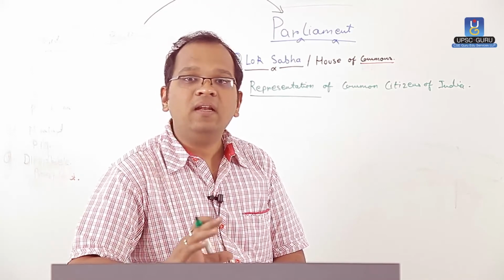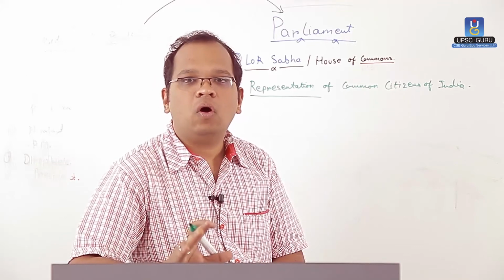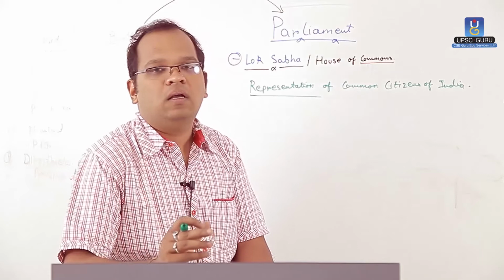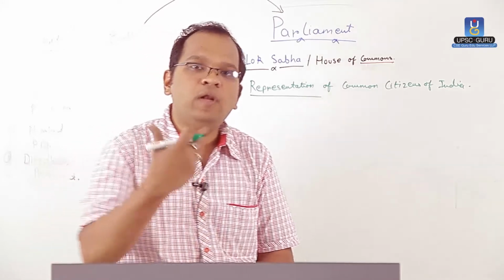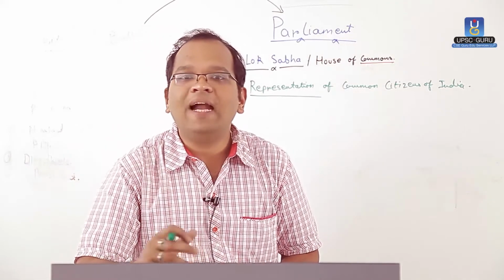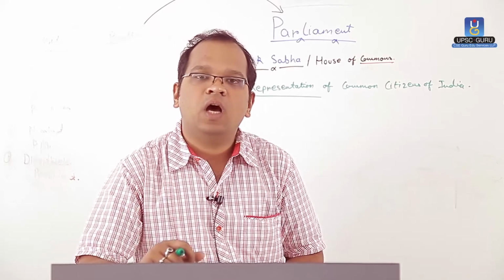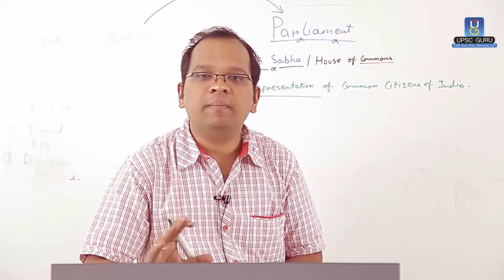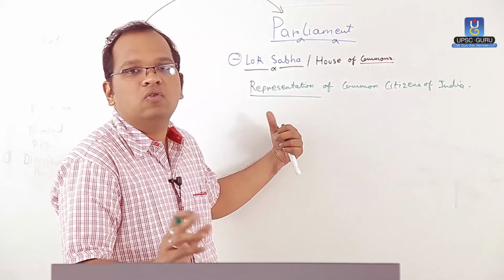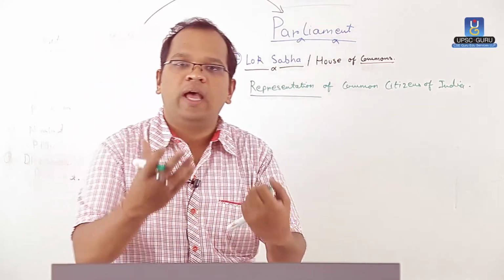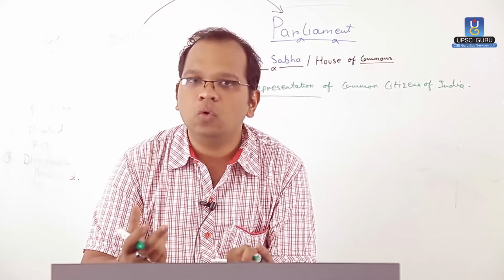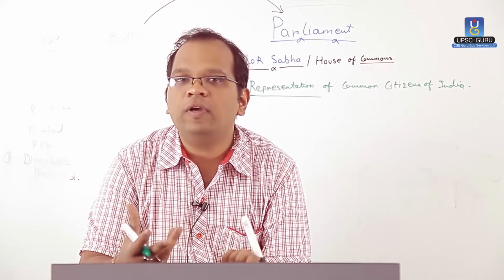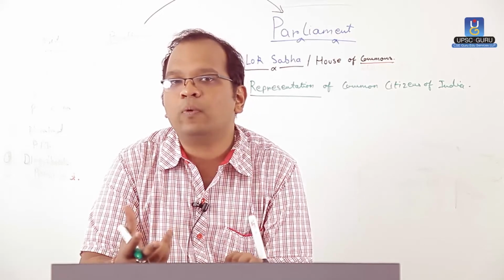So how can these 80 crore or above 100 crore people demand their rights, how can their demands be completed? These demands can be completed by means of representatives. If you as a common citizen want your demands to be fulfilled by the government, what is the approach?